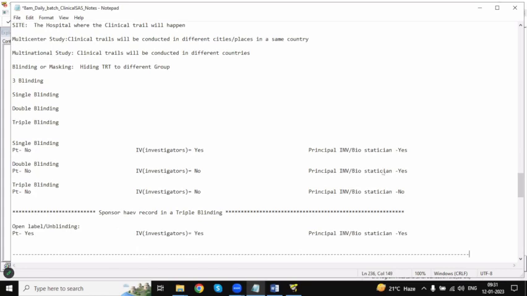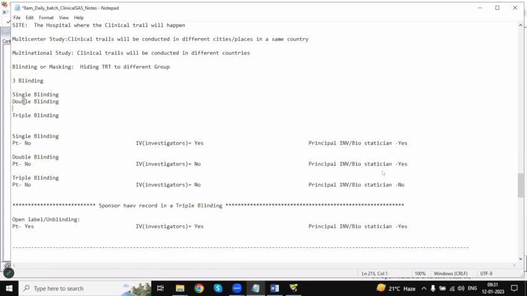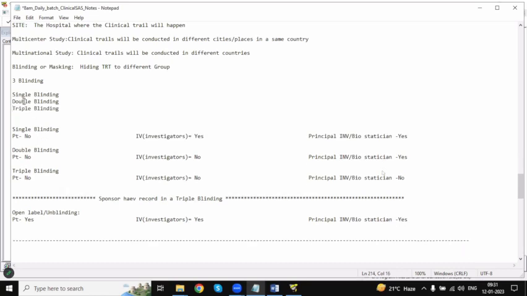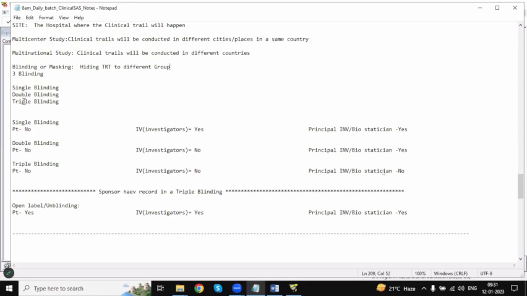Like this, there are majorly three types of blinding. Sir, could you please explain single, double, and triple blinding again? I just missed it. See, blinding is nothing but hiding the treatment, not disclosing or informing what treatment we are giving to the patients.